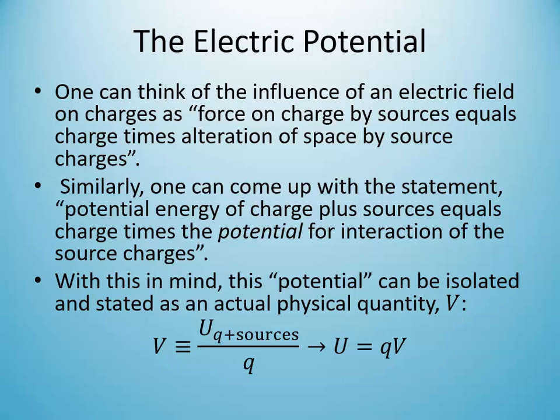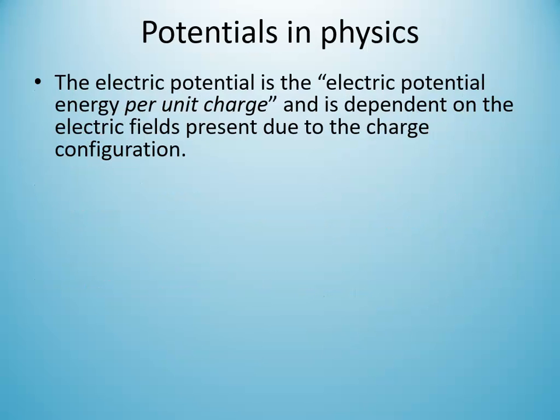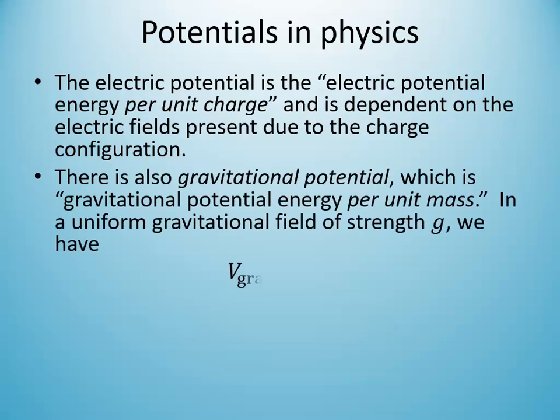So from that, we can say that if we do bring a charge into a region of a certain electric potential, the electric potential energy that is now present for that charge is equal to the charge times the electric potential. So the electric potential, being the electric potential energy per unit charge, is dependent on the electric fields that are there due to that charge configuration.